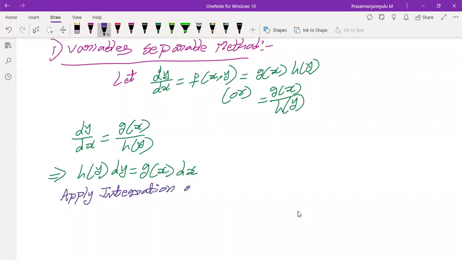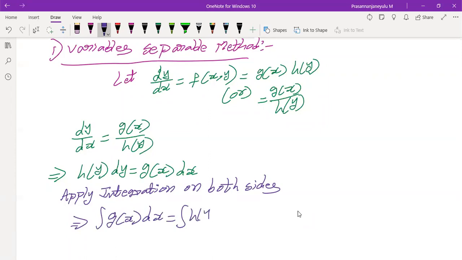Apply integration on both sides. Then we get the integration of g of x into dx equals the integration of h of y into dy.